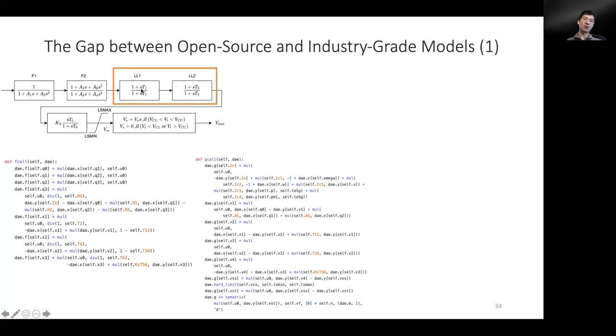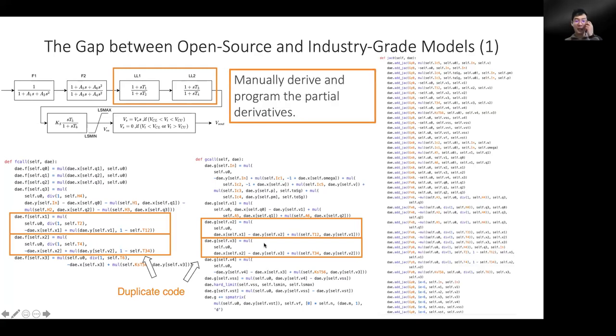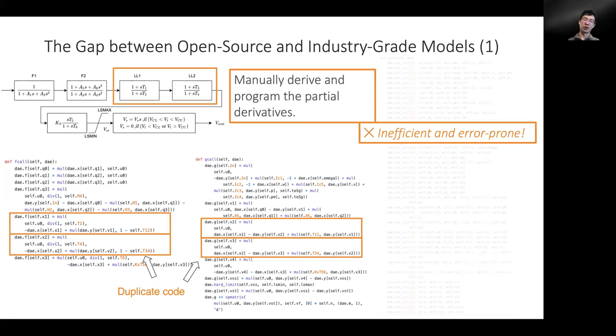Notice that we have two duplicate, not identical, blocks in here, except for those parameters, and that results in unwanted duplicate code. And also to simulate the program, we need to manually derive and program the partial derivatives shown here. Any change in the equations needs to be done correspondingly in the partial derivatives, making it inefficient and error prone.